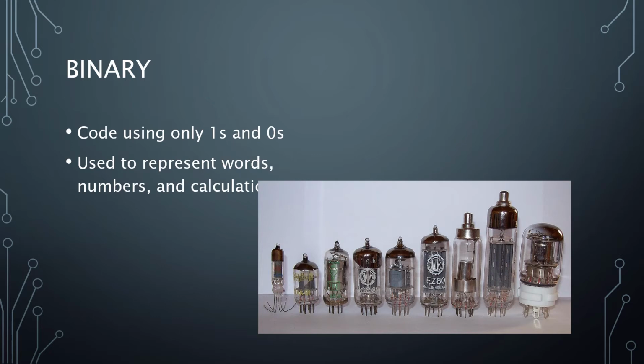They're very similar to light bulbs. So these vacuum tubes would light up, and that would mean 1, and then they would go off, and that would mean 0. So you have all these vacuum tubes together going on, off, representing all these different numbers and amounts and things like that.